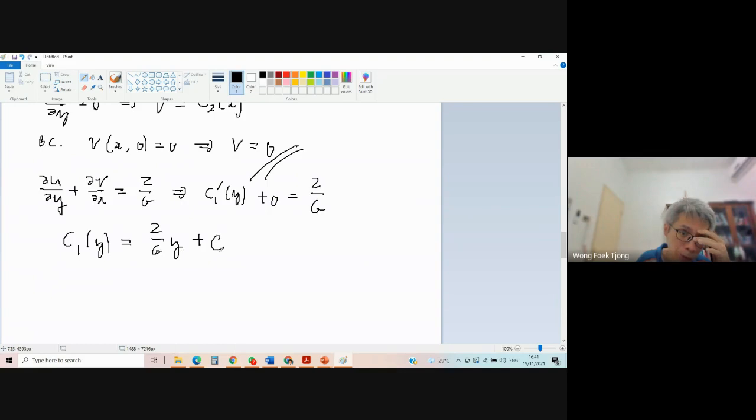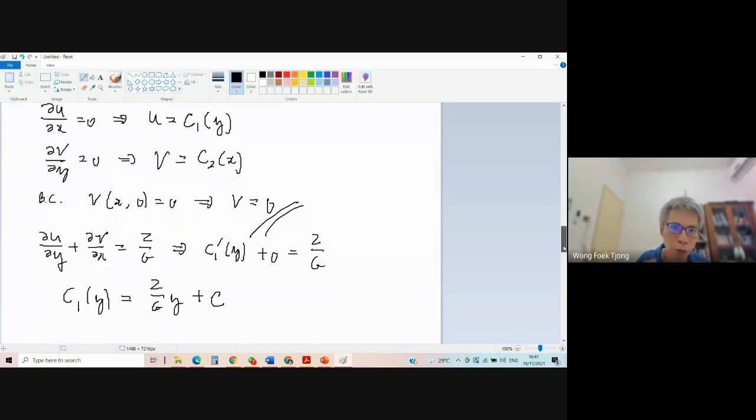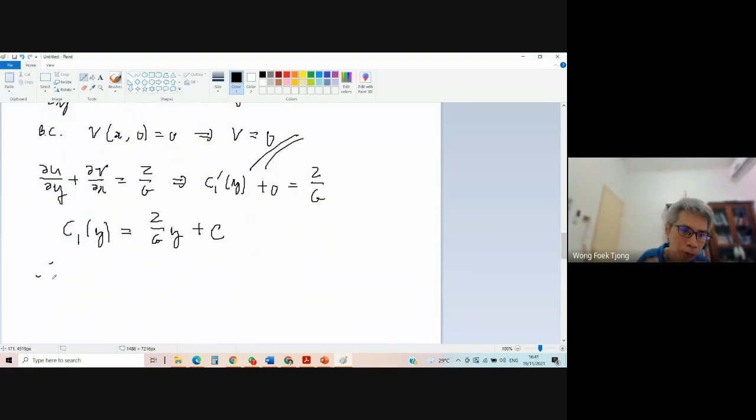The problem is how to determine the C. That's easy, right? Let me write first. It means that u is tau over G, y plus constant.